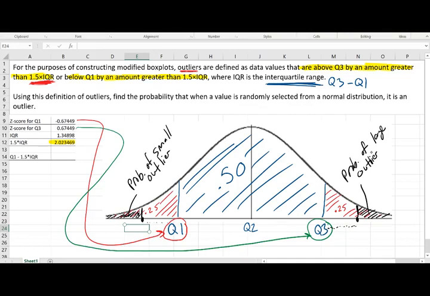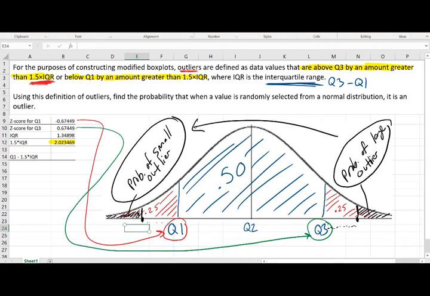Now, because of the symmetry of the normal distribution, the probability of an outlier on the low end and the probability of an outlier on the high end, these two are going to be equal. So if we calculate one, we could double it, and that'll give us the total of these two probabilities. So what I have over here is Q1. So what I've typed in was Q1 minus 1.5 of the interquartile range. Okay, so we have Q1 is here.